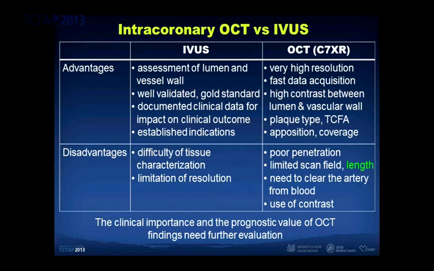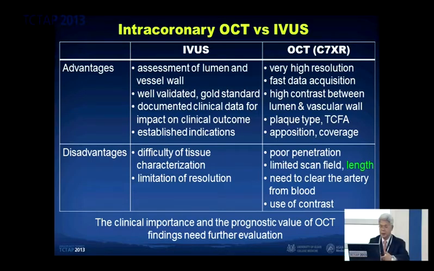However, using OCT, we can get a very high resolution image and plaque type differentiation, and we can identify thin cap fibroatheroma, and after stenting, it is easy to identify the position or tissue coverage. But there are limitations of poor penetration and some other limitations, as you know very well.